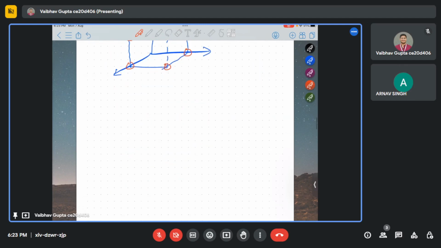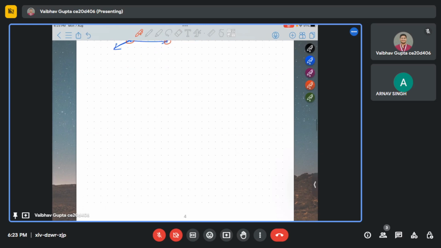Now going along that further, suppose my Cartesian coordinate system is like this: Ex, Ey, Ez. Suppose I have a point. I have a body, so I denote this body by this.